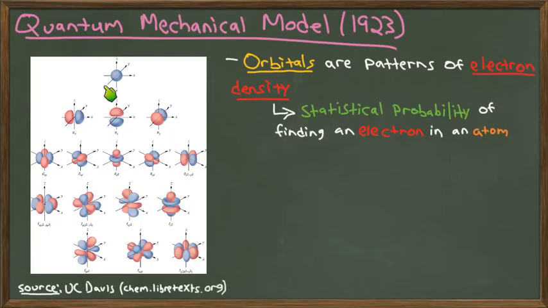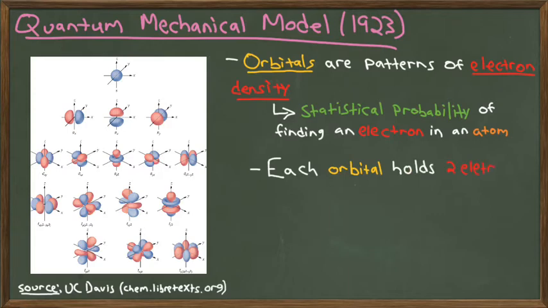So what we're seeing here are several different orbitals. Everywhere in this blue, in this case with the s orbital, this is where you're most likely to find an electron. These are p orbitals. These are d orbitals. Lastly, we have f orbitals here.